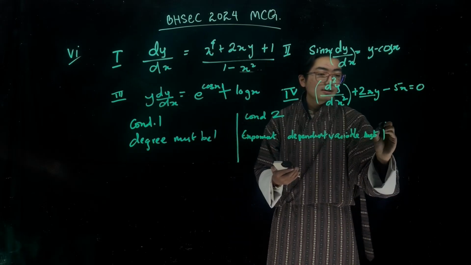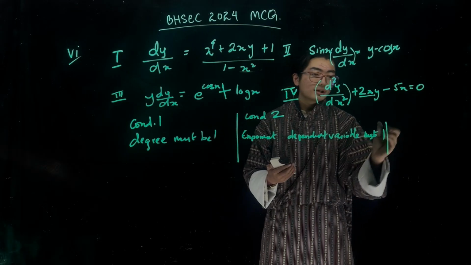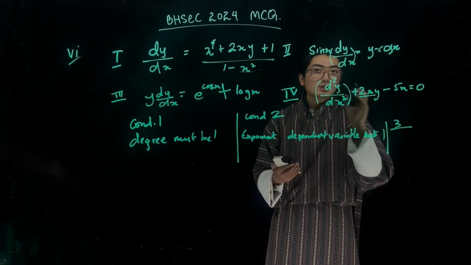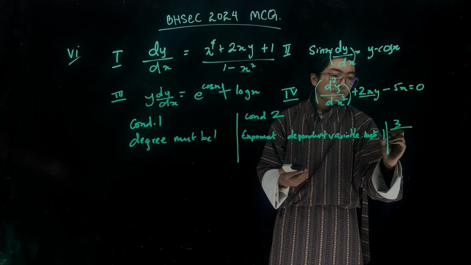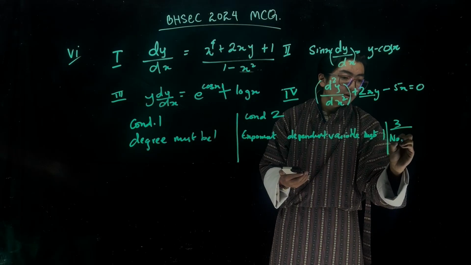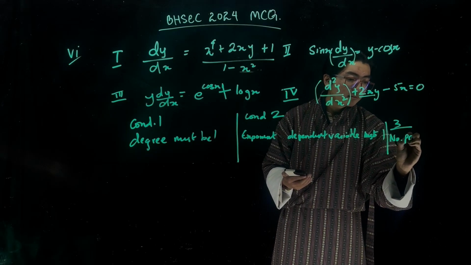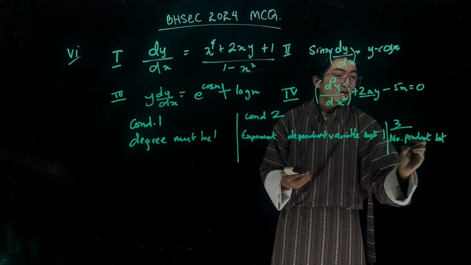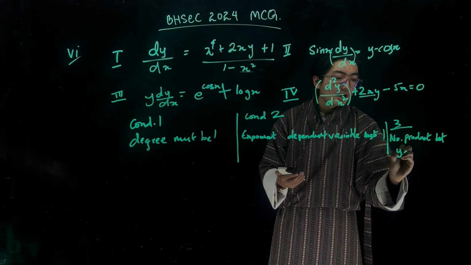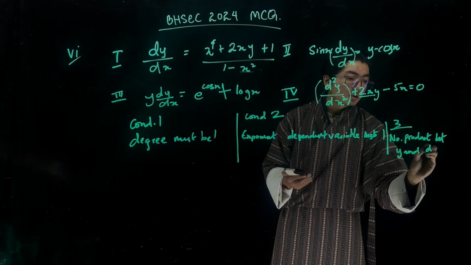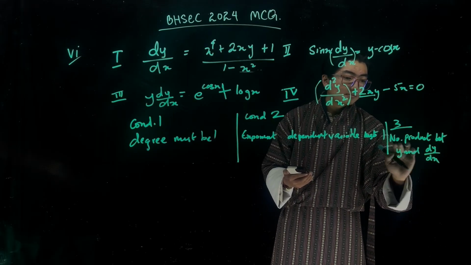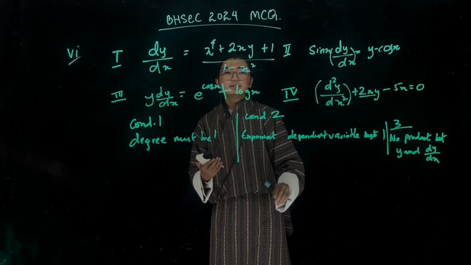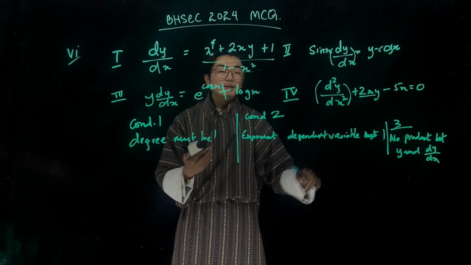And the third and final condition is that there must be no product or any function between the dependent variable y and the differential coefficient. Now, let's check each equation one by one.